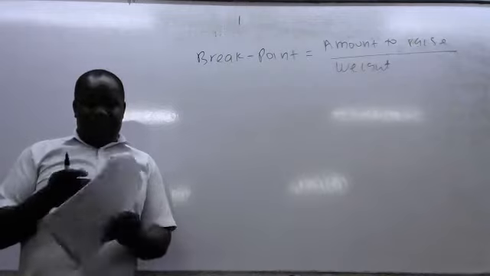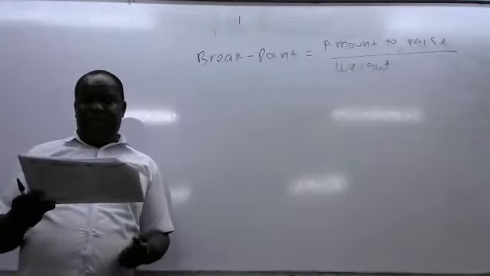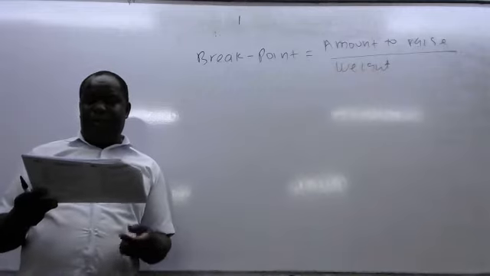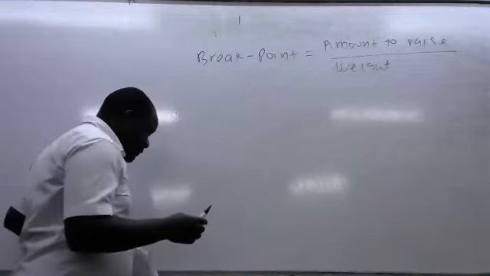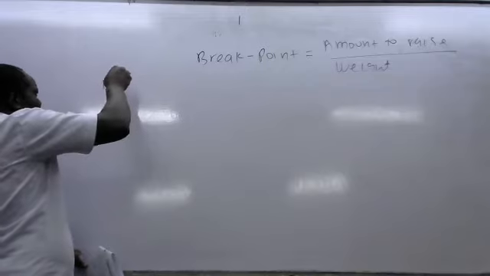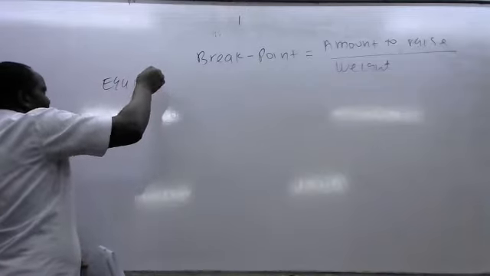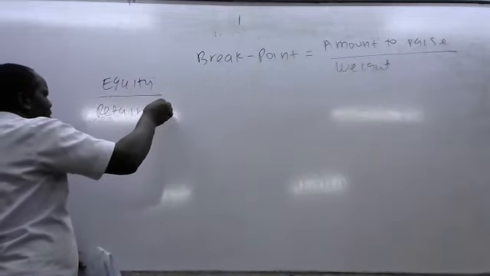So for the break point, we start with the one for equity, and under equity it should be the retained earnings.